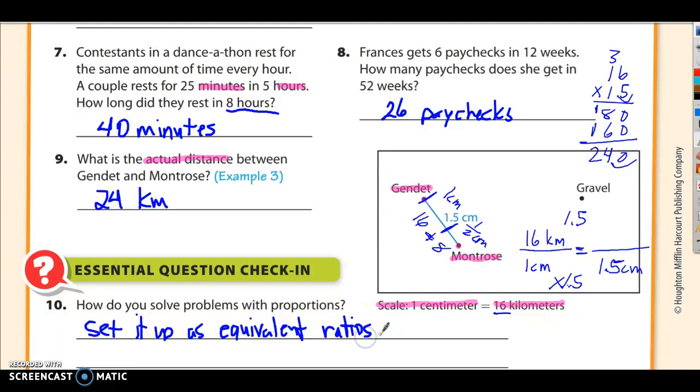And there's two different methods. The top of the page, we set it up as equivalent ratios, and one term went into the other term, so we just multiplied. Other times you have to simplify. So I'm not sure the best way to write this, but I'll do my best. It says set it up as equivalent ratios.